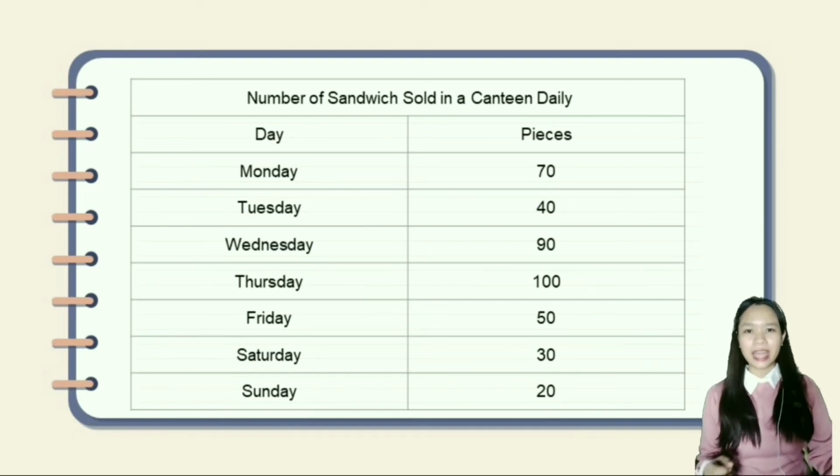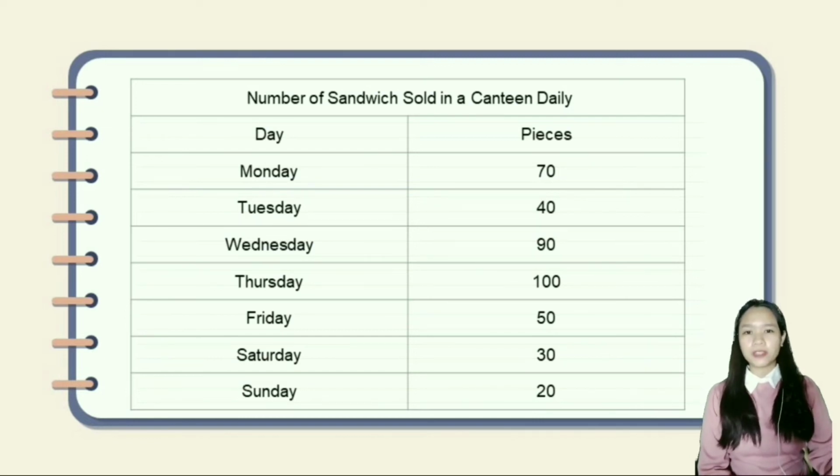To construct the line graph, we're going to evaluate the table and decide how many columns and rows we're going to make. The days will represent the horizontal axis and the number of sandwiches sold will represent the vertical axis. Since there are 7 days in the table, we're going to draw 8 horizontal lines.